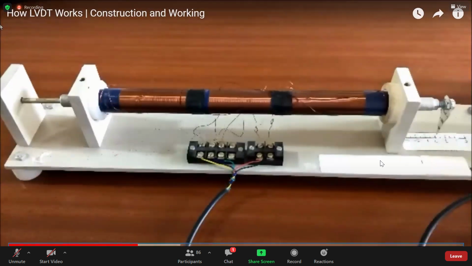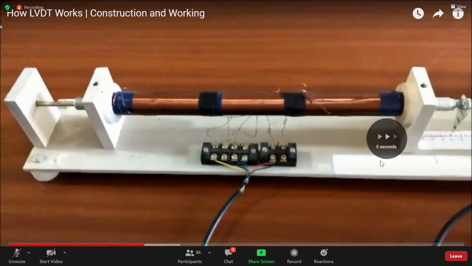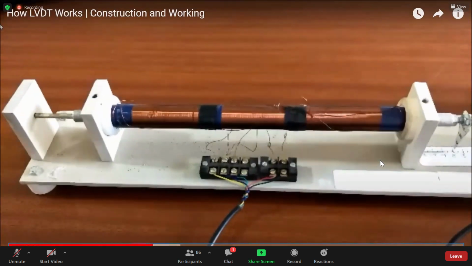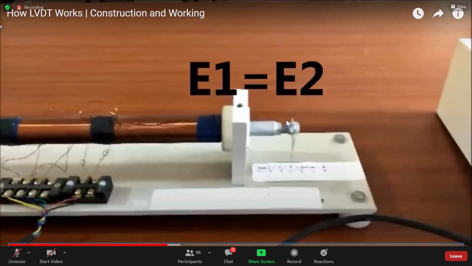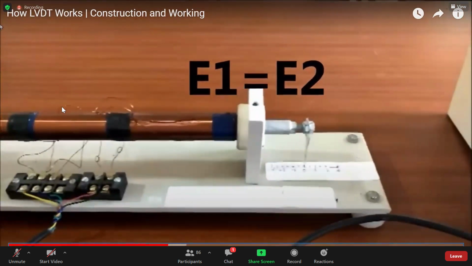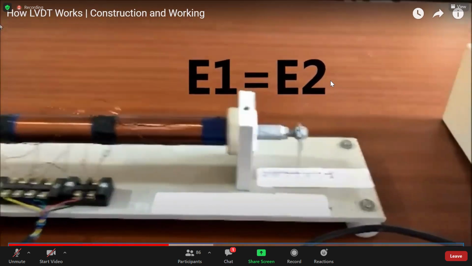The first condition is when the core is at the middle position. Let us see this in detail. Internally, you cannot see the core in a practical LVDT. Because the core is at the middle position, we are getting E1 equal to E2, so the total output will be 0.